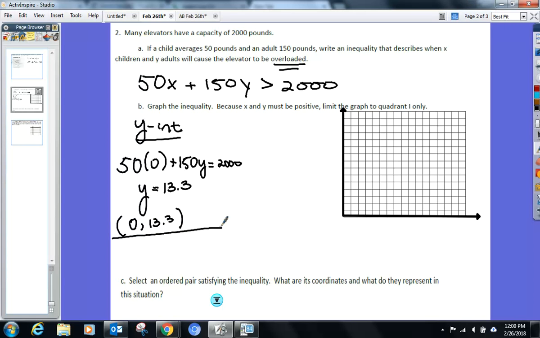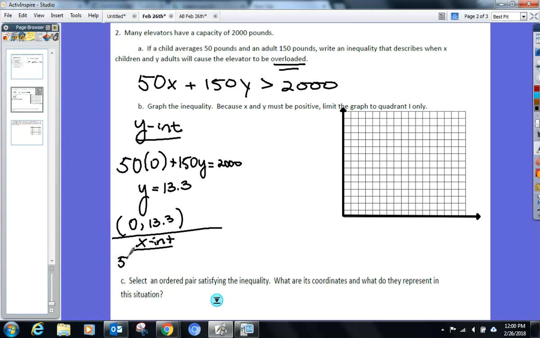And then how do you think you find your x-intercept? Plug in 0 for y now. Go ahead. And again, I just think this might be easier for you guys instead of solving for y every time.